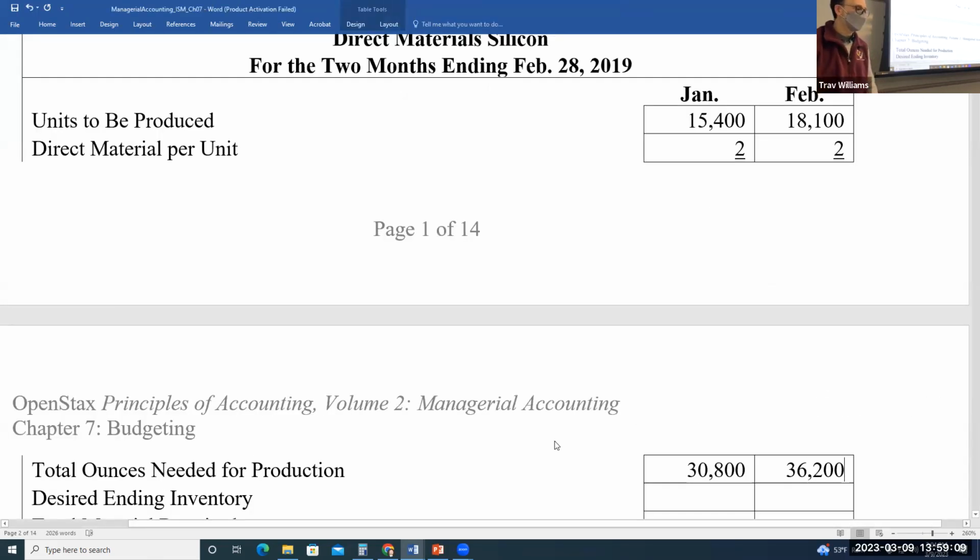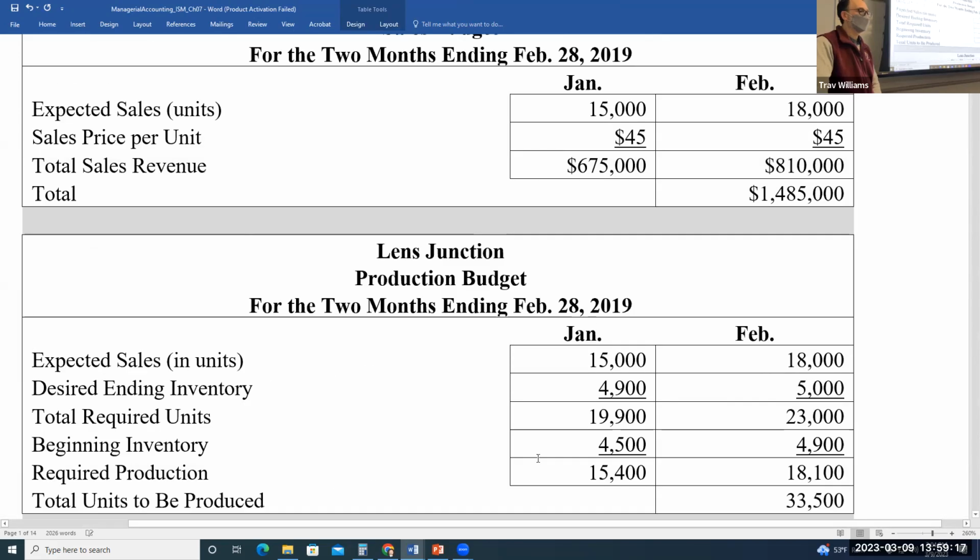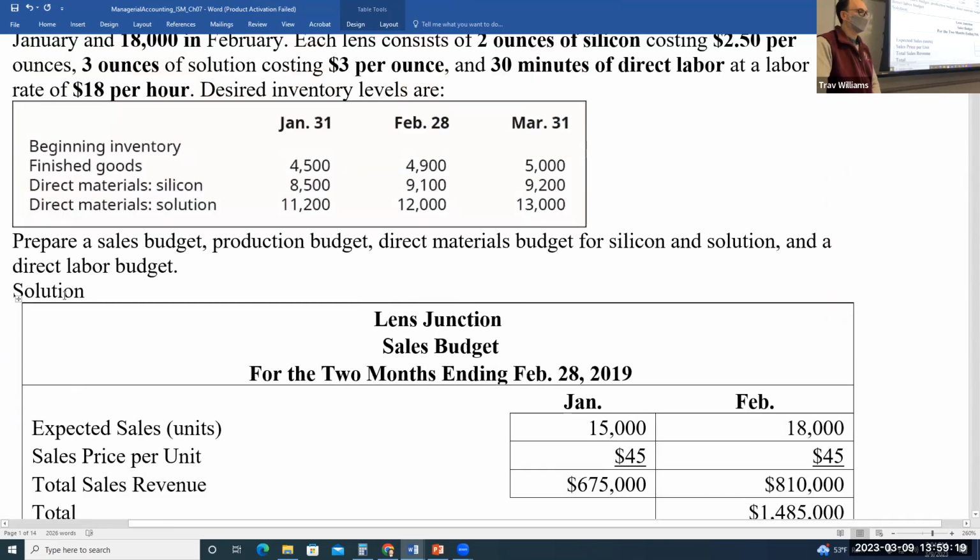All right. So now we need desired ending inventory for materials. If you remember back on this table up here, they tell us, and we'll use the same logic that was pointed out, our ending inventory for January is beginning inventory from February, right?